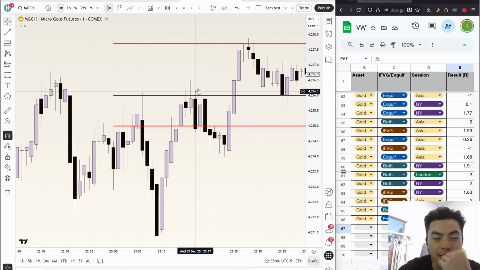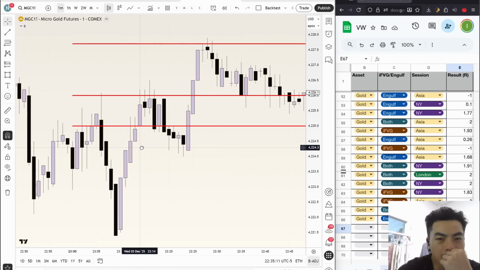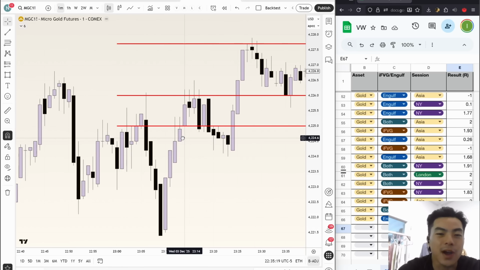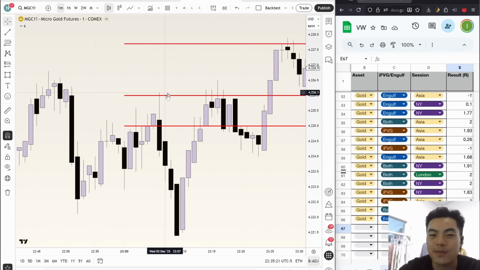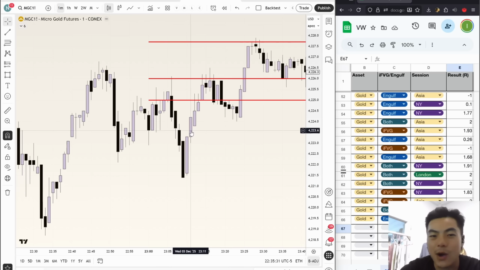And then we keep going. So, even though we didn't take that trade, I would consider the powers of these POIs already used, because we technically had an entry model deliver from these POIs. So I would consider the hour done in that case.